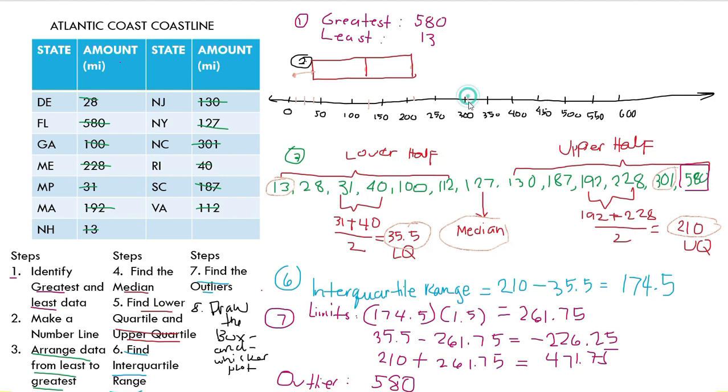That's 301, which is approximately here. So this is our box and whisker. And if there is an outlier like 580, you also have to plot that. It's somewhere here, but it is not included in our box and whisker. This is the outlier. So that's how we draw the box and whisker plot.